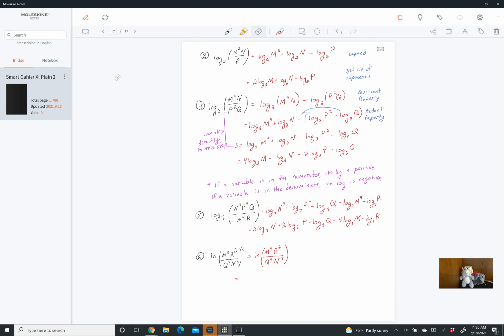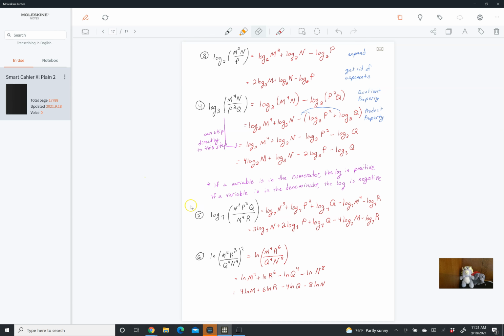So we can do this in one step. Ln of m to the 4th plus ln of r to the 6th minus ln of q to the 4th minus ln n to the 8th. And this leaves us with 4 ln m plus 6 ln r minus 4 ln q minus 8 ln n. And we're done. Okay.